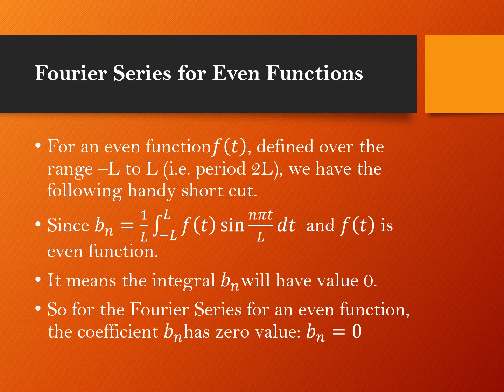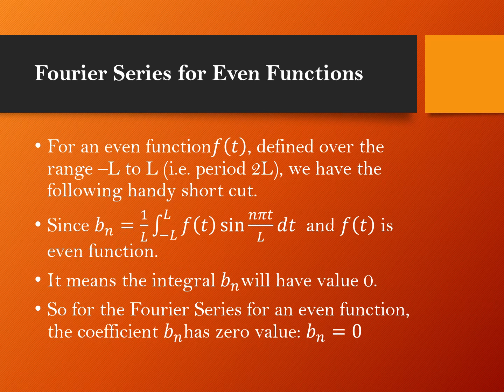Now if we have to find the Fourier series for the function f(t) with period 2 pi, or in general the interval minus L to plus L, and we know that the function f(t) is even, meaning when we replace t by minus t we get f(t), then bn will be equal to 0.